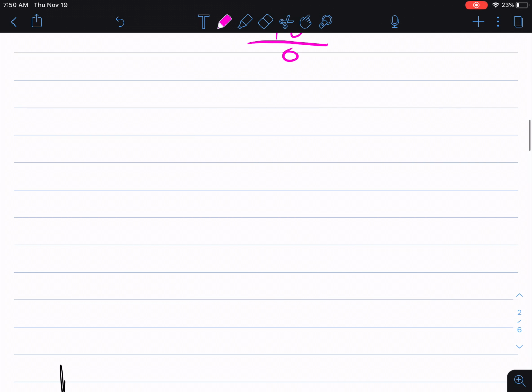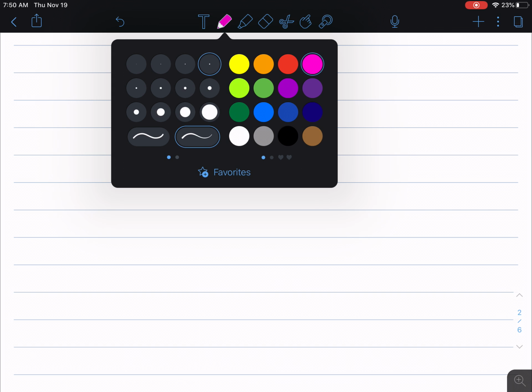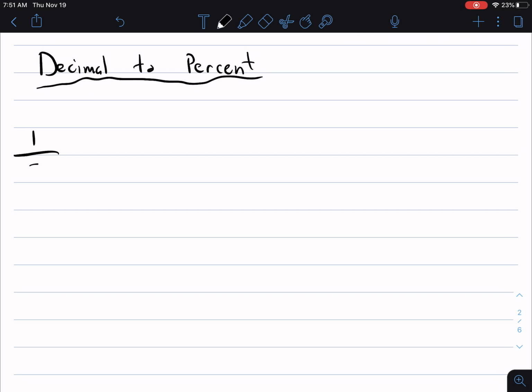Now, let's go from decimal to percent. So my first example, I had 1 over 2 equals 0.5.